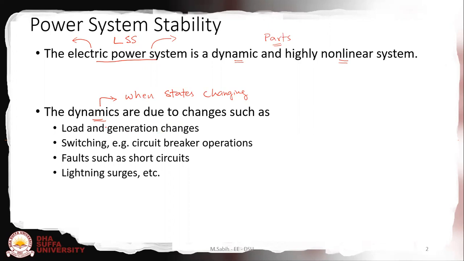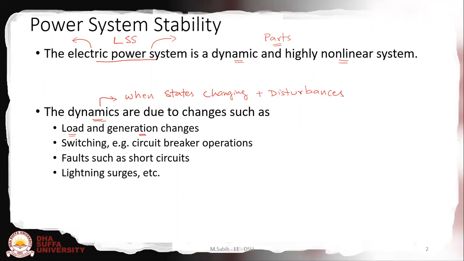The dynamics covers states as well as some kind of disturbances. I will elaborate on this later on, but the main concern is that the dynamics can be changed when there is some change in the load, or the generation itself poses some changes.